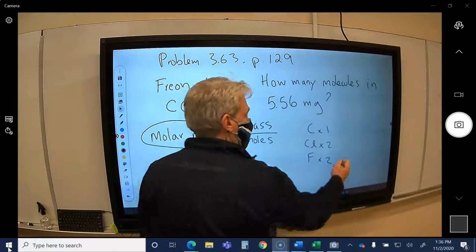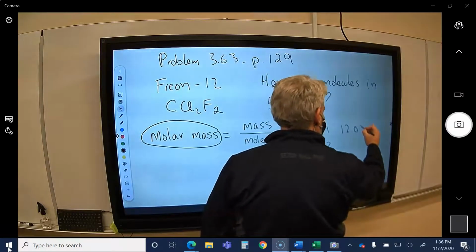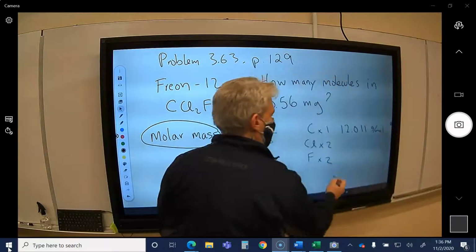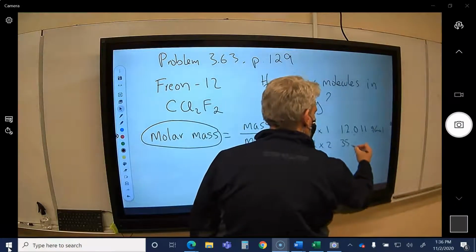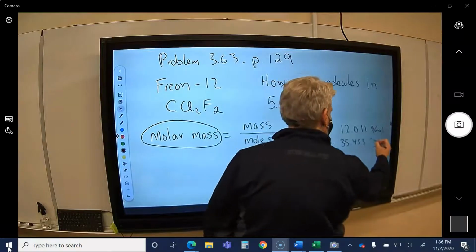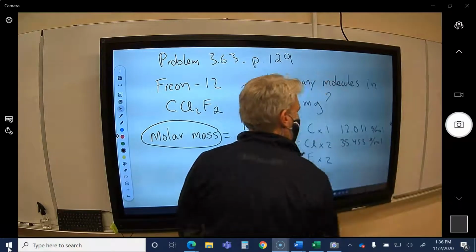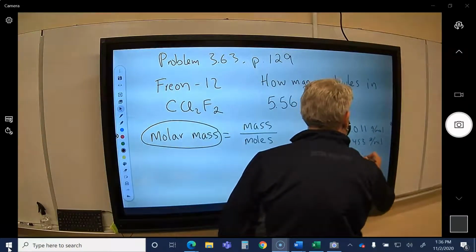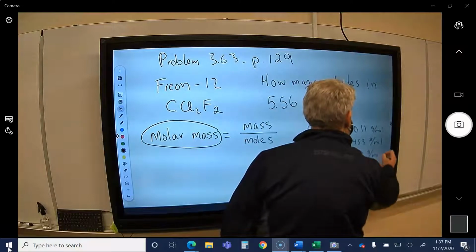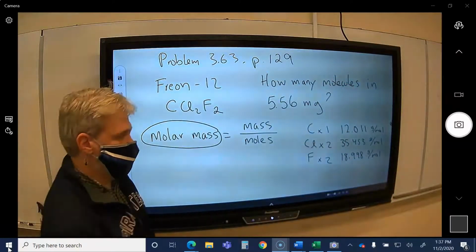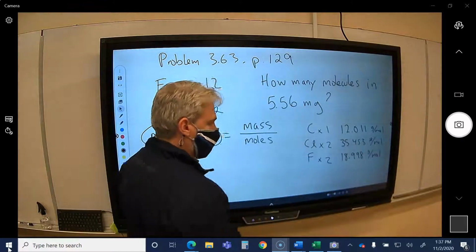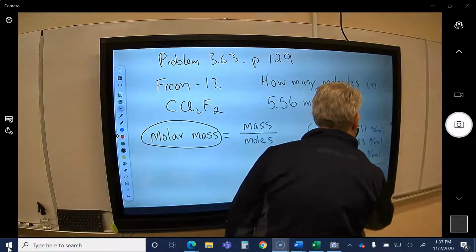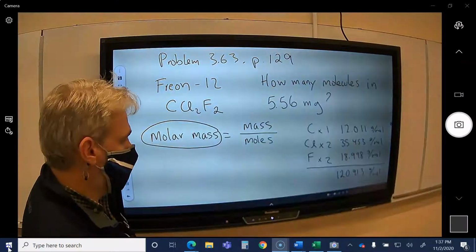We take the atomic mass of carbon, 12.001 grams per mole, and add it to 2 times 35.453 grams per mole for chlorine, and 2 times 18.998 grams per mole for fluorine. Of course, these atomic masses come from the periodic table. Adding that all up, you get 120.91. So there's our molar mass.